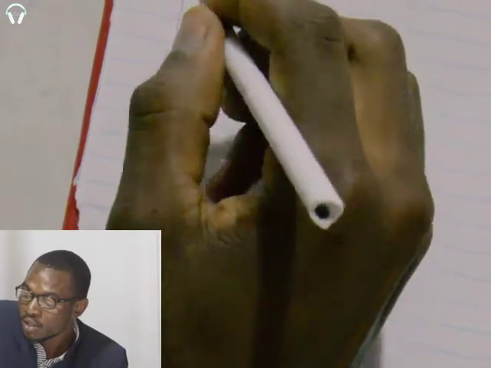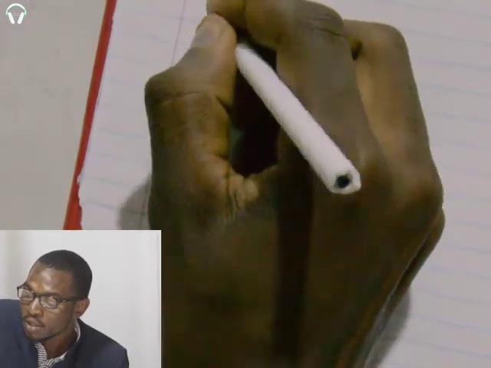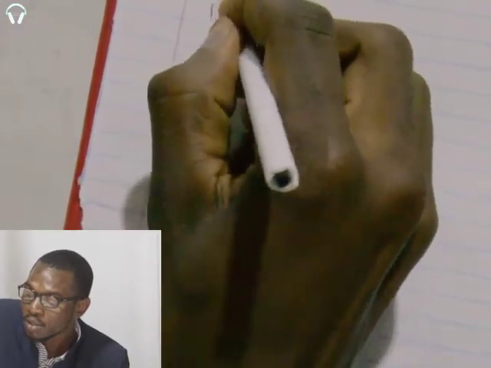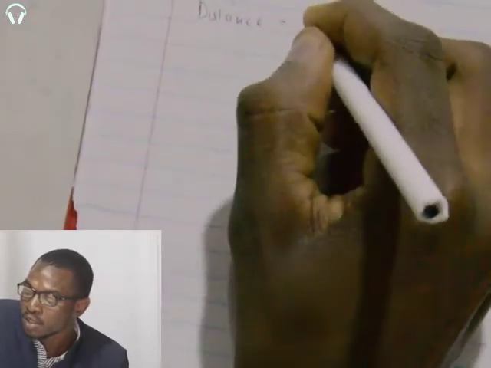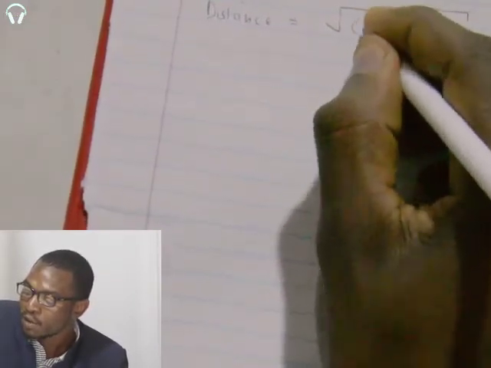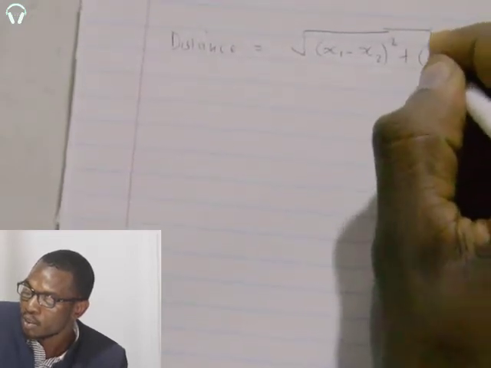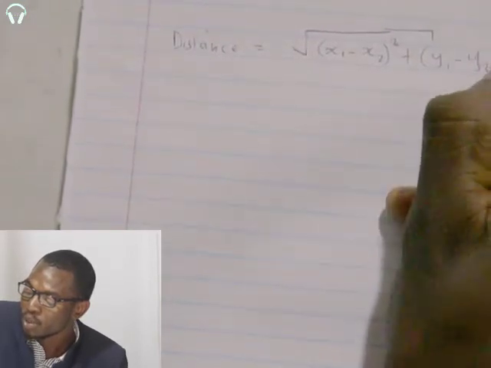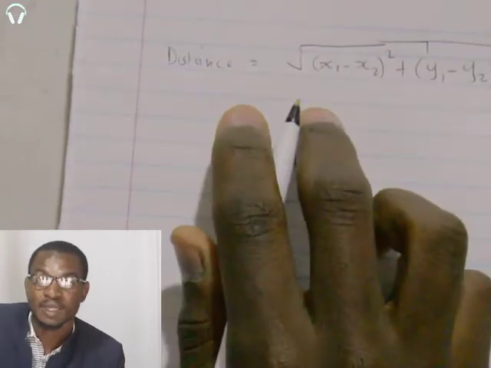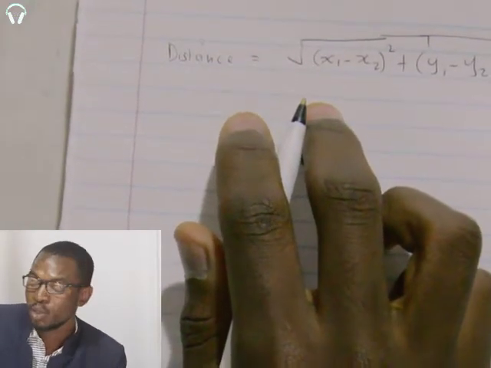By the end of this chapter, you should be able to know and understand the distance formula, which is the square root of (x1 minus x2) all squared plus (y1 minus y2) all squared, with x and y being 2 points.